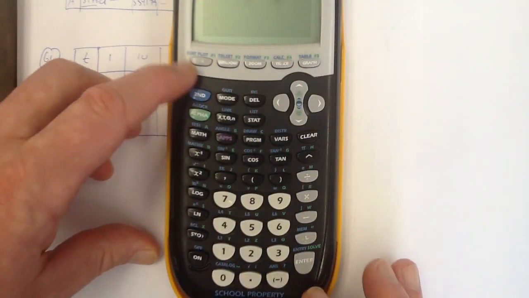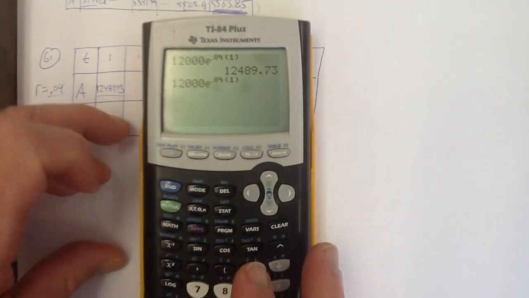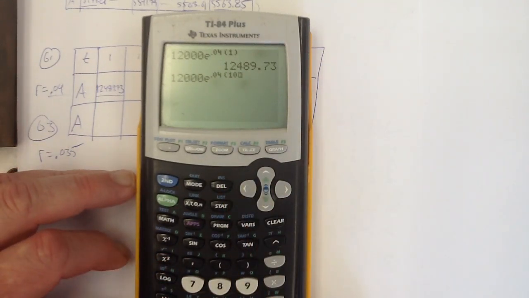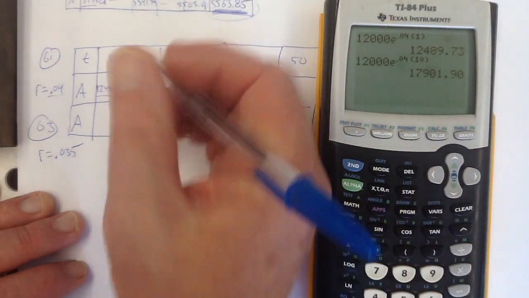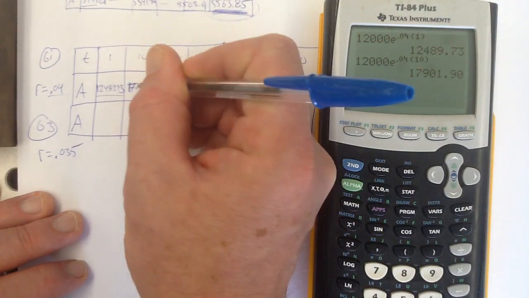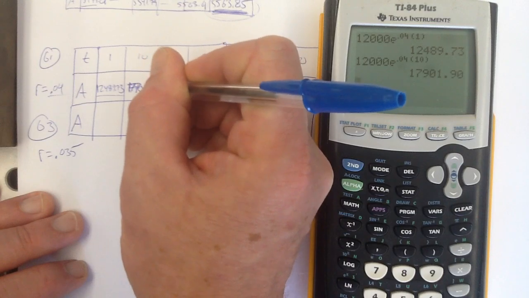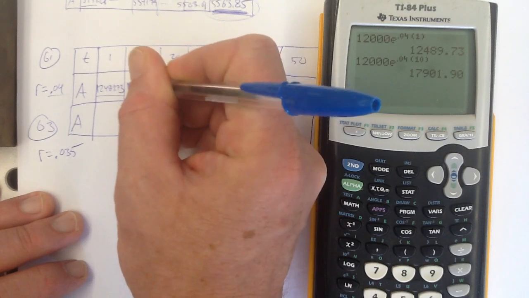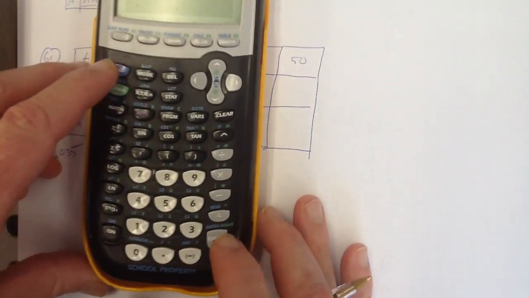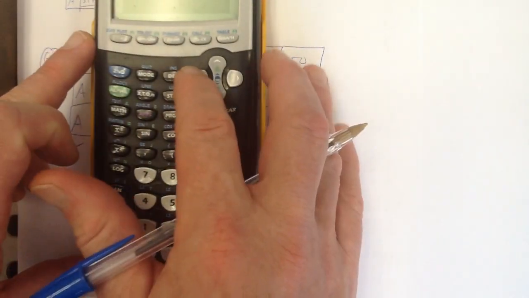What about 10 years? Going to bring that back up here, go back in here, change that to a 10. $17,901.90. Sorry, that's so messy. You can see it right there. That's the number there. And then how about for 20 years? Second entry.